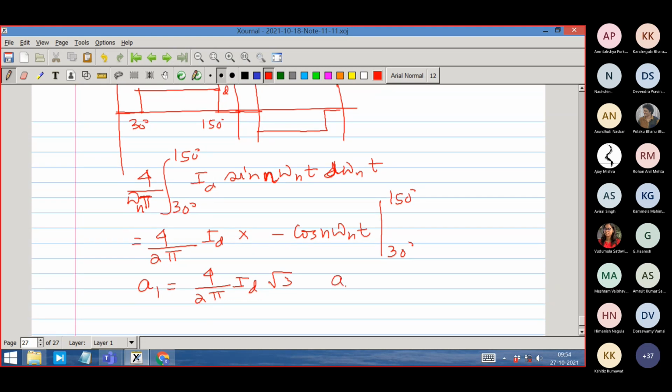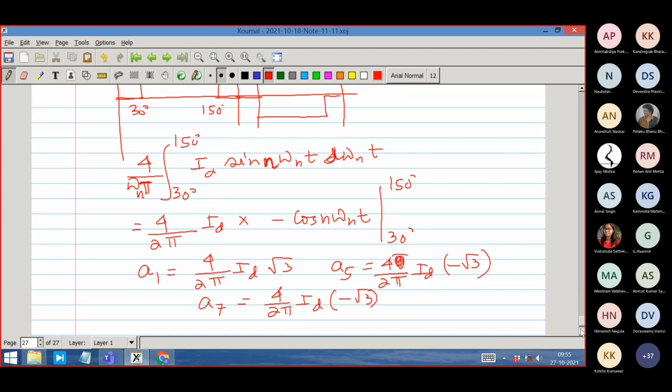A5 is equal to 4 by 2 pi Id into minus root 3, and A7 is again 4 by 2 pi Id into minus root 3. If you calculate, just putting the values, you will get this.